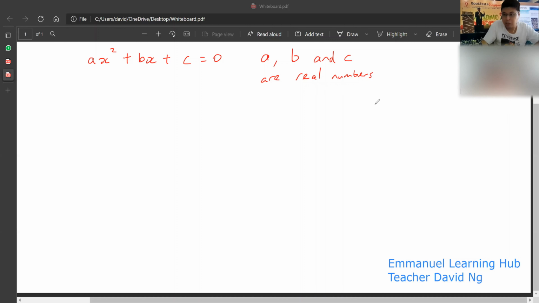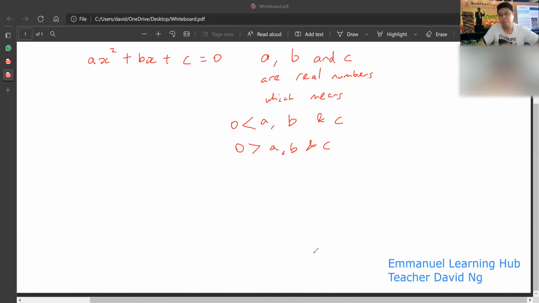Real numbers. A, B, and C are real numbers. Which means your A, B, and your C can be either greater than 0 or less than 0.